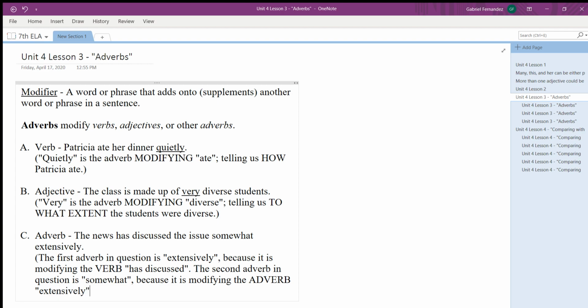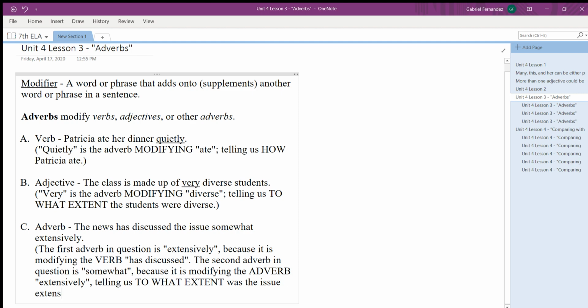extensively, telling us to what extent was the issue extensively discussed. So it wasn't just discussed extensively, it was discussed somewhat extensively.